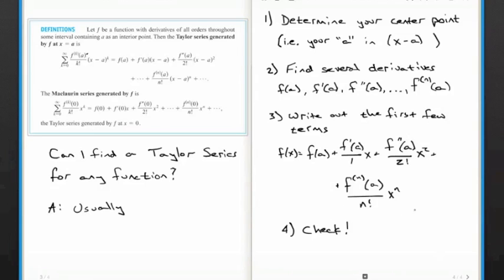So let's do an example. And the example that I'm going to propose would be f of x equals 1 over x plus 2. And I'm going to say that it's centered at a equals 0.